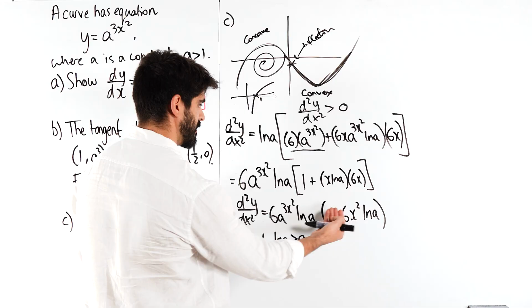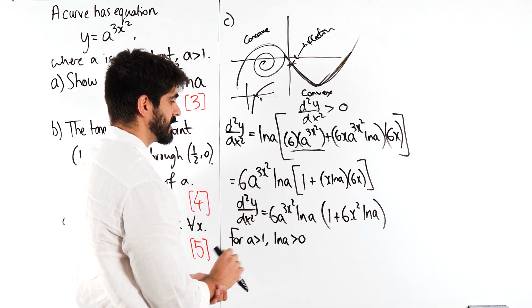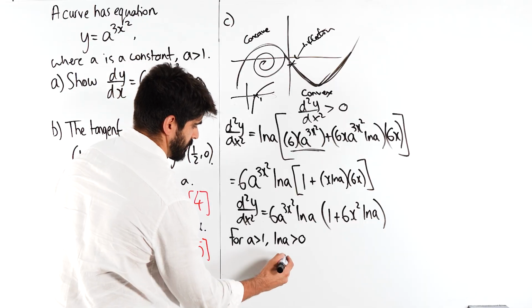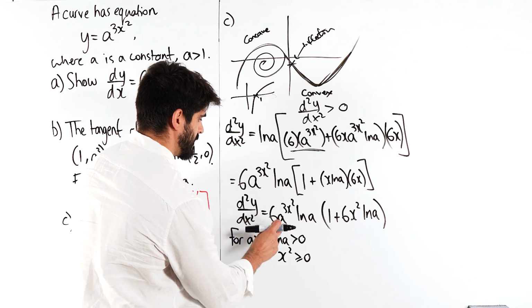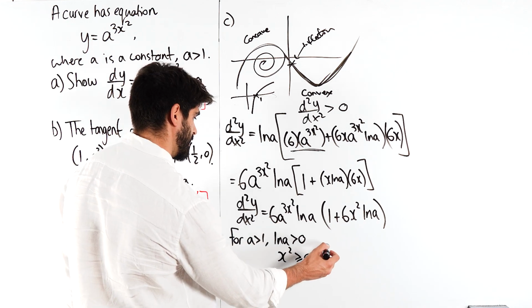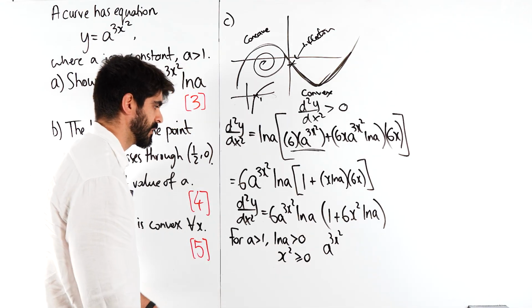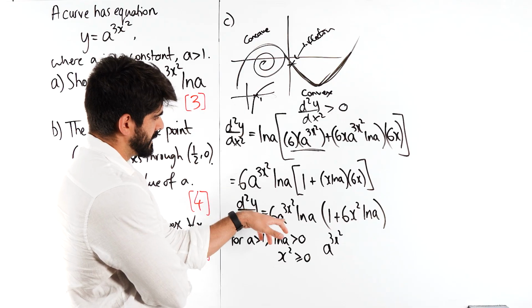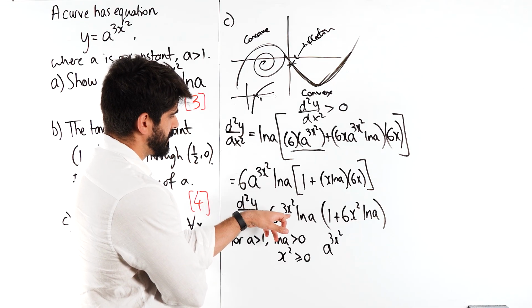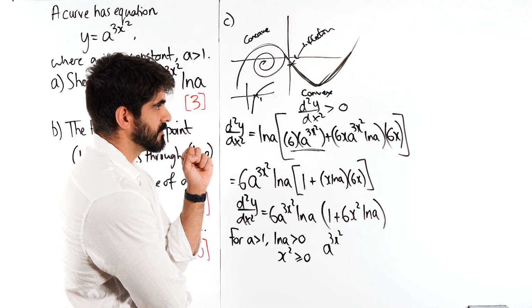All right, so you've spoken about this. We obviously have x squared is always positive. Yeah, so x squared is always bigger than or equal to 0. And then this, what about this? Well, a to the power of a positive number.